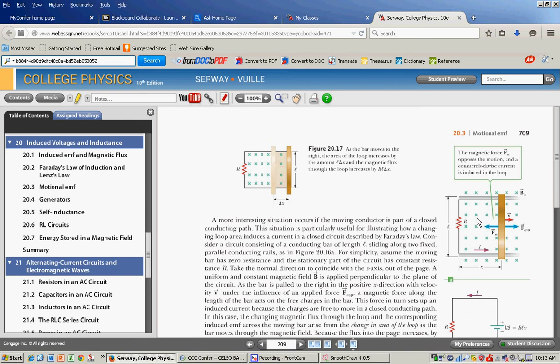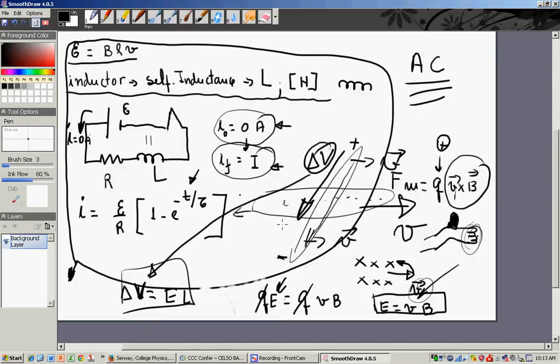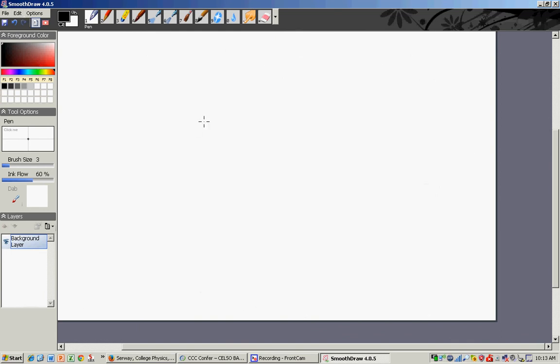According to Lenz's law, the magnetic flux is increasing. What does Mother Nature do in the circuit, the loop, according to Lenz's law? It creates an induced magnetic field that opposes that growth. And the induced magnetic field will be poking out of the paper towards you, looking at this figure here.